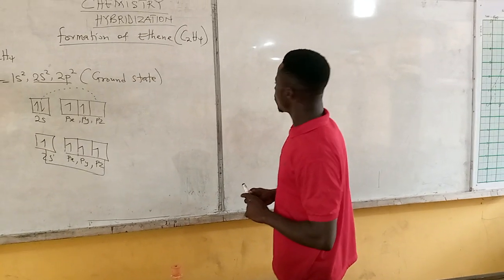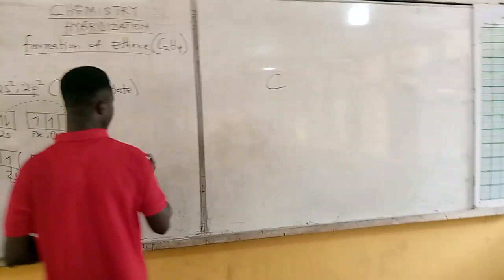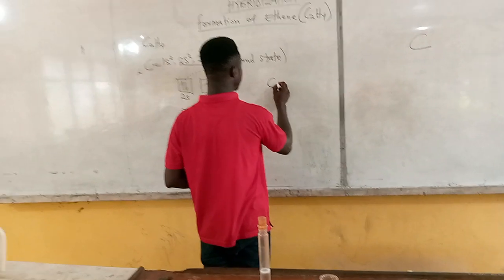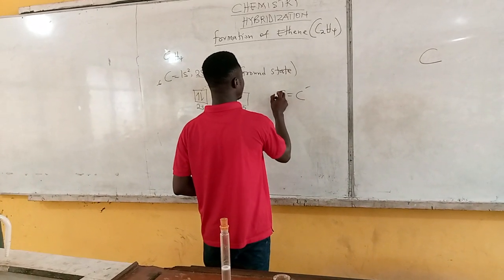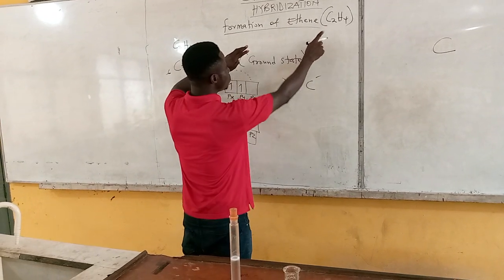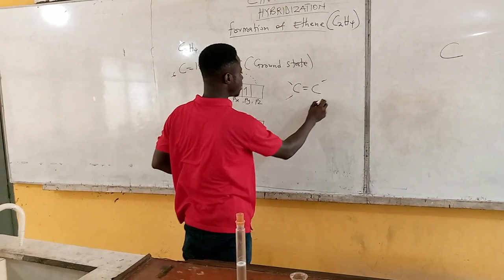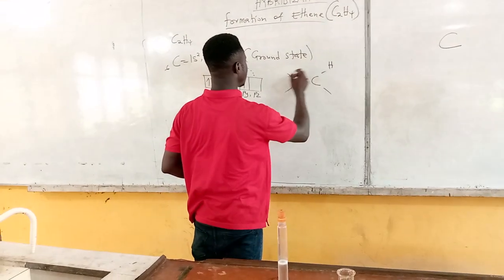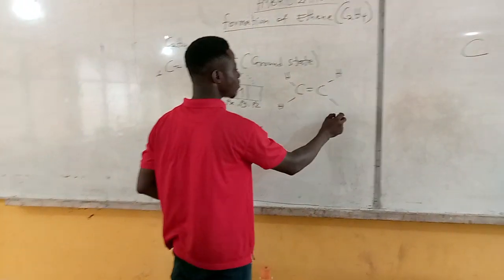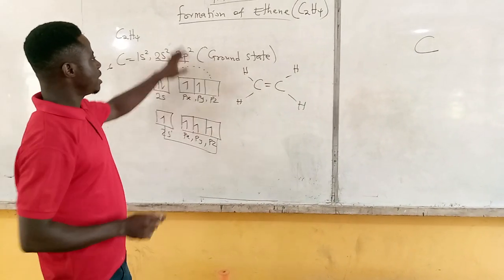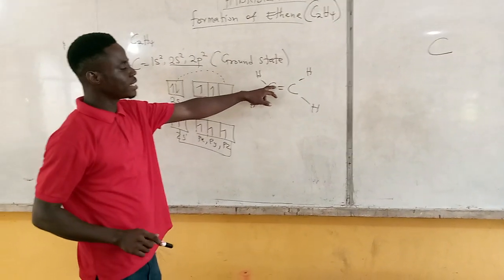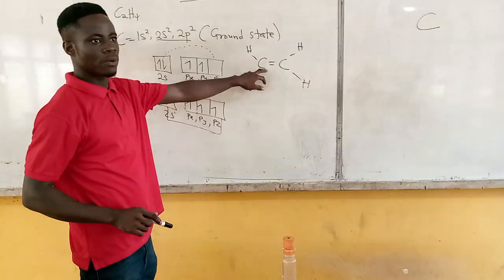Now this carbon, before you can do that, you need to ask yourself how it looks like. This is C2H4, so this is exactly how it looks. At normal circumstances, this C2H4 has 1 sigma bond and 1 pi bond.